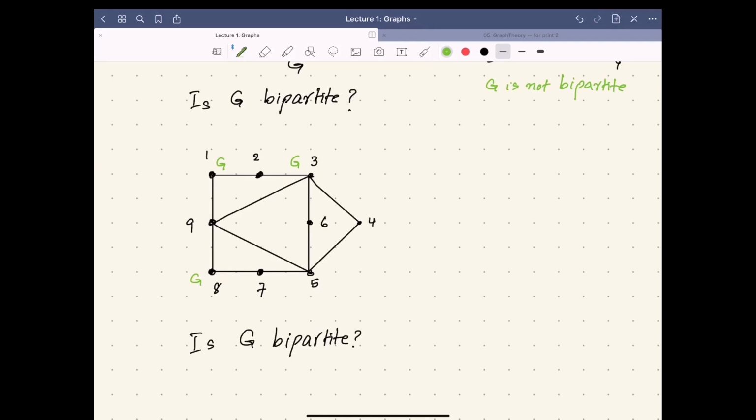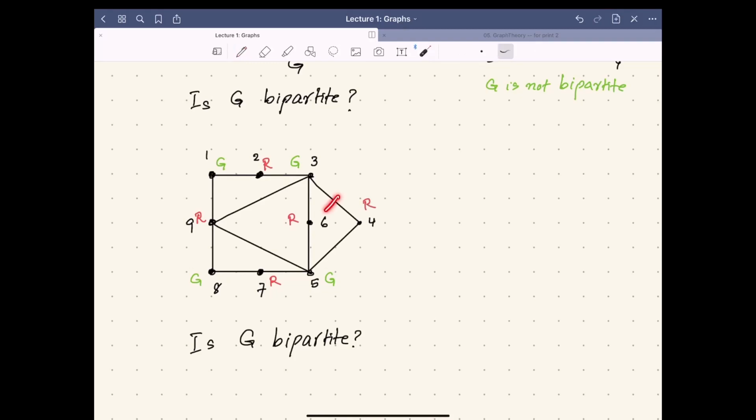Now 3 is adjacent to 6, 9 and 4, so I expect that 5 should also be green. Now if I go to the other color, 1 and 9, so this should be red, so there is no conflict between these two. And now this is also red, and this is also red, and this is also red, and this is also red.